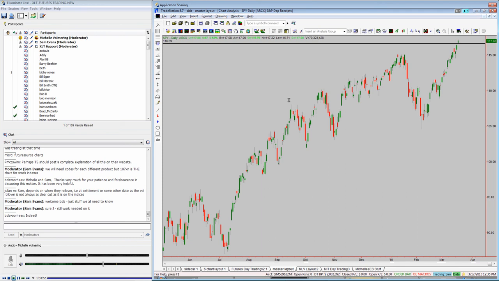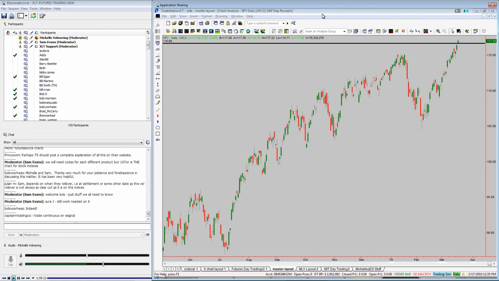With a green check mark, show me who's trading the new contract. Probably the majority of you. Okay? Go ahead and show me with a red X how many of you are still currently trading the H contract. Is there anyone? Okay, you don't have to be scared to admit it if you are.